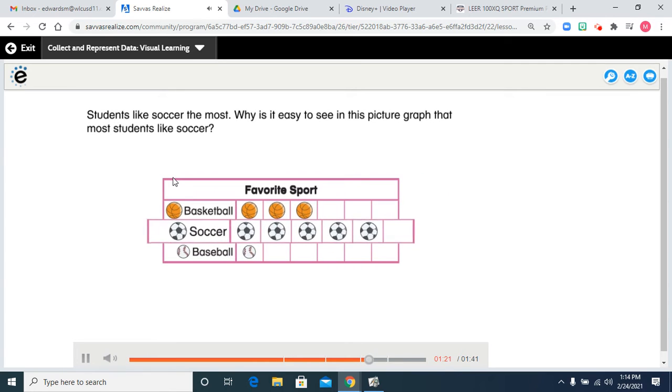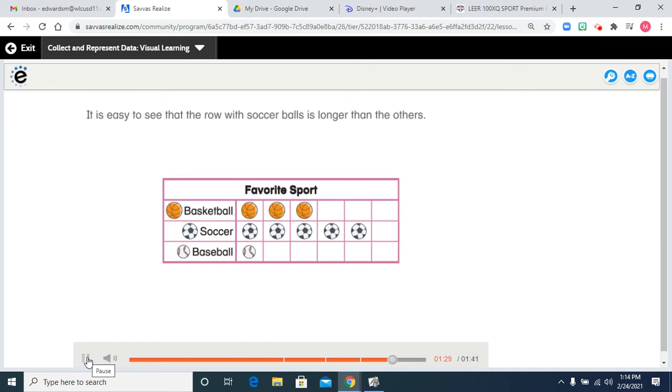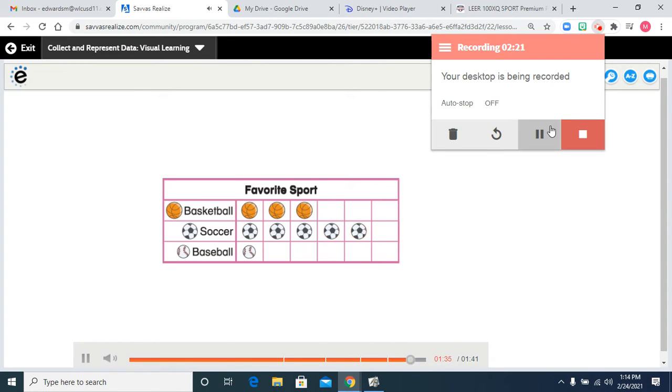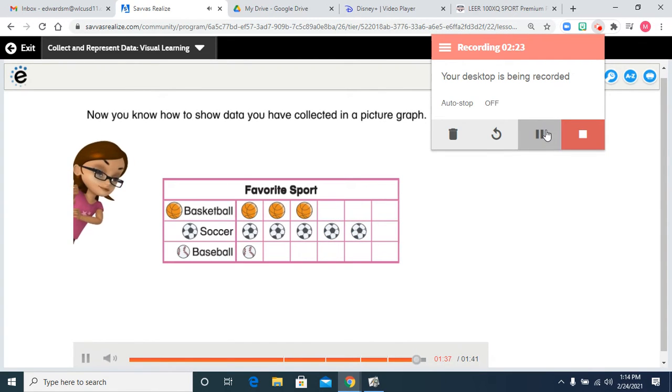Students like soccer the most. Why is it easy to see in this picture graph that most students like soccer? It is easy to see that the row with soccer balls is longer than the others. Now you know how to show data you have collected in a picture graph.